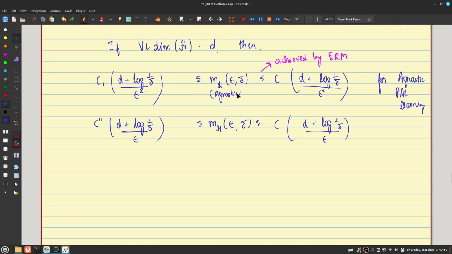Now, I had originally said that the sample complexity for agnostic PAC learning is upper bounded by these functions of d, epsilon, and delta. Right? But this is not what we have proved. Effectively, if you try to work it out, what we've really shown is that the sample complexity is upper bounded by some constant times something that grows like d log d plus some function of delta and epsilon.